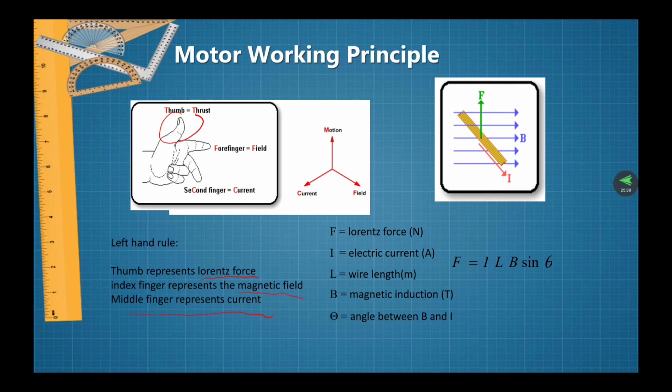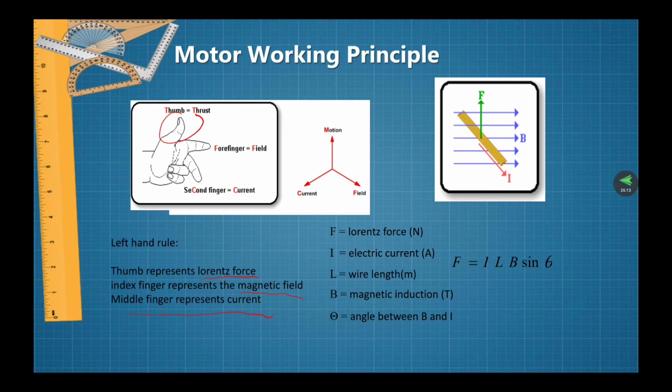According to the principle stated above, the commutator is made segmented to achieve unidirectional torque. Otherwise, the direction of the force would reverse every time the direction of movement of the conductor is reversed in the magnetic field. This is how a motor works.